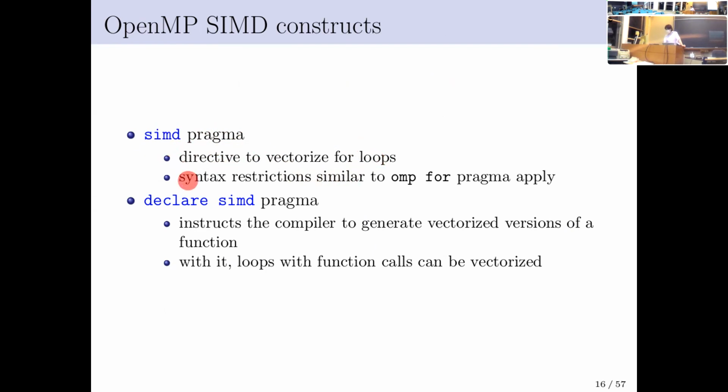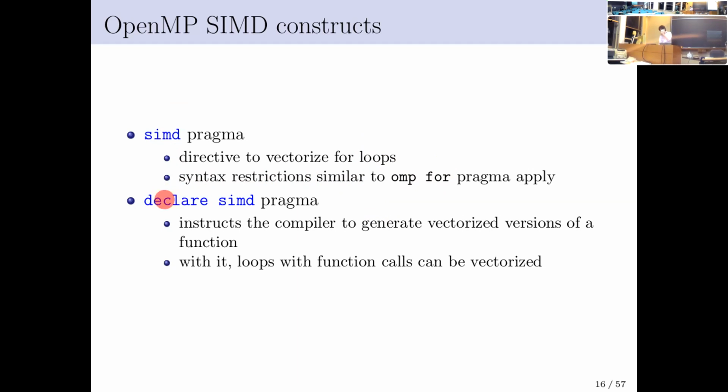There's a similar syntax restriction to the OMP for loop: it only takes for loops for which the iteration space can be easily recognized and identified at the beginning of the loop. So the kind of for loop to which this SIMD pragma can apply is pretty much the same as the kind for which OMP for can apply.